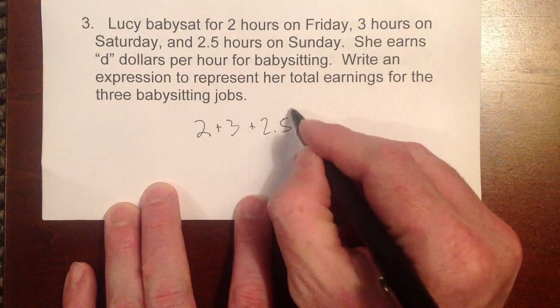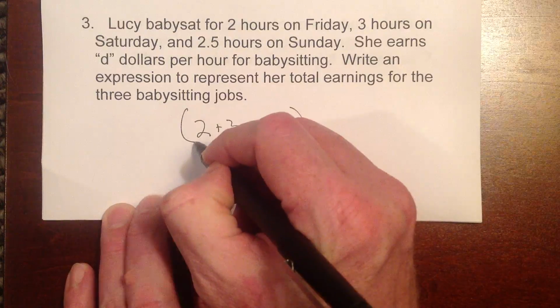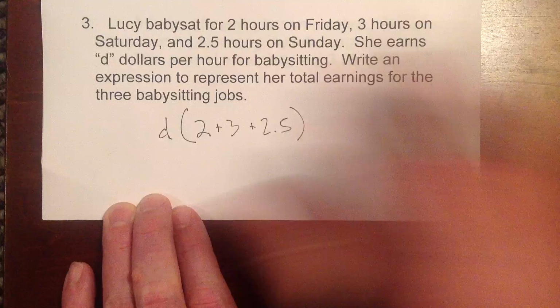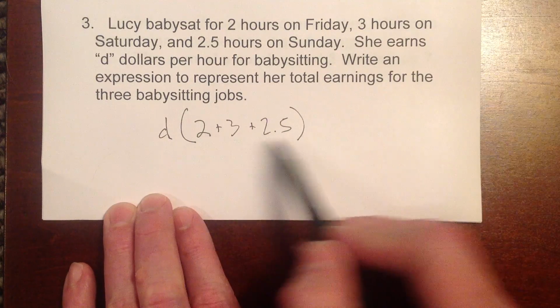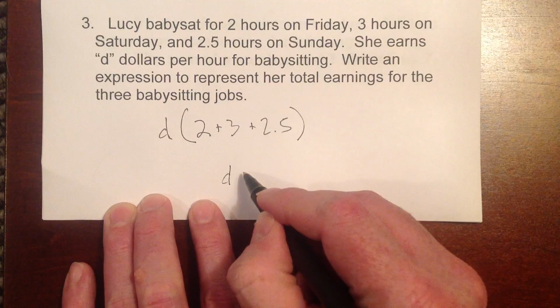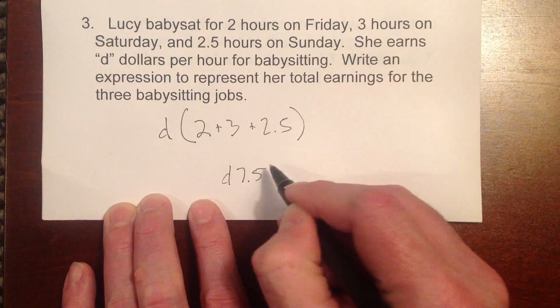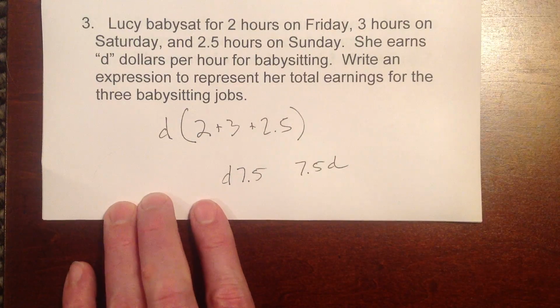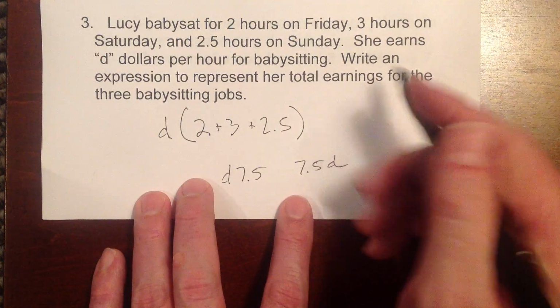So we could do that this way. We put that in parentheses and put a D on the outside of this, which means D times all of this in here. And you would eventually add this up. This is 7.5, or, I'm sorry, 7.5D. So you could do it that way. Or you could say something like this.